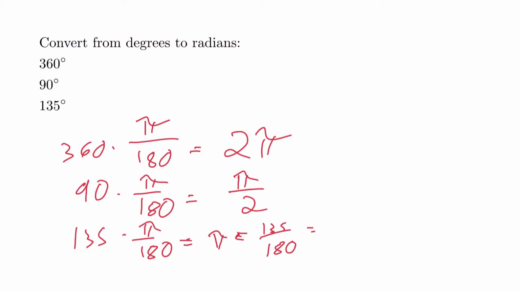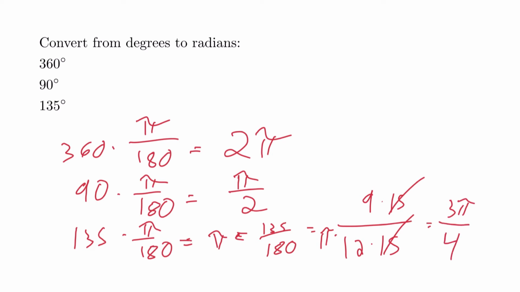So let's write this as 12 times 15. And then what is the top? 9 times 15. Yep, and then we cancel the 15s. So I get 9 over 12, which is 3 pi over 4.